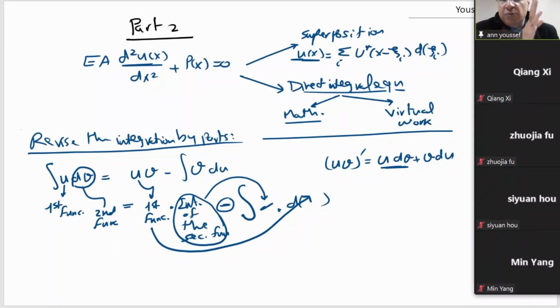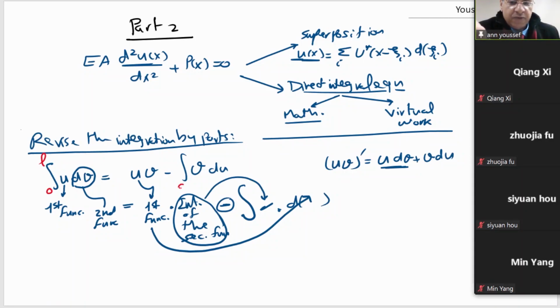The second thing I want to revise: this is a domain integral. So this integral should be from 0 to L, over the beam itself.